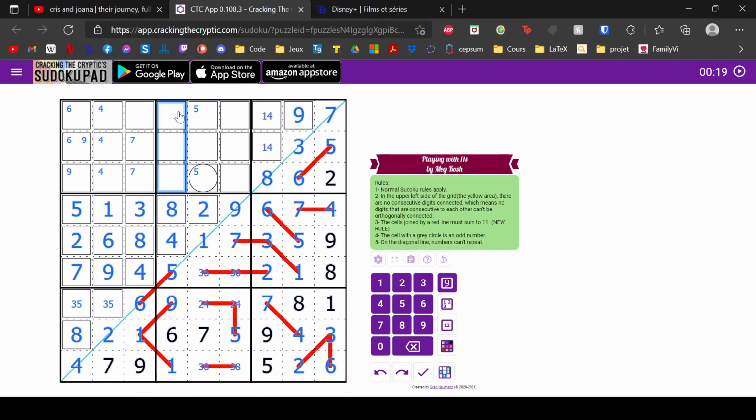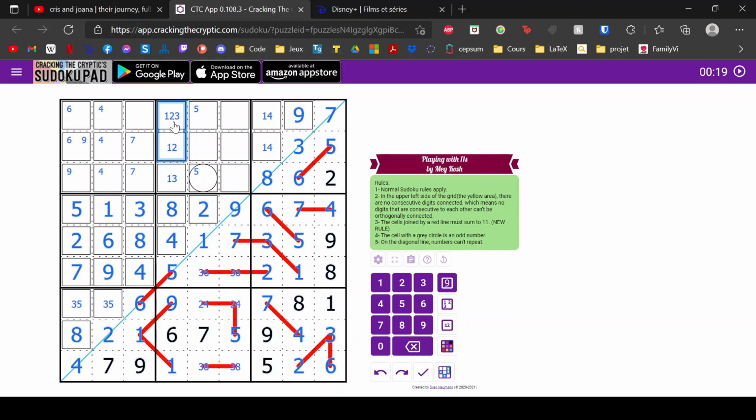So we have the 1, 2, 3 missing. That's not a 3. It's not a 2. No, wait. 1, 2, 3. That's not a 2.